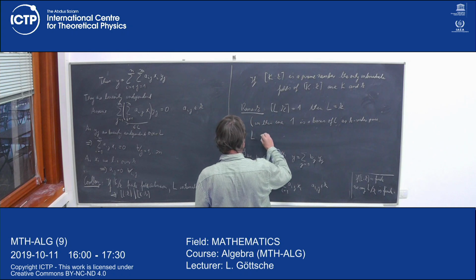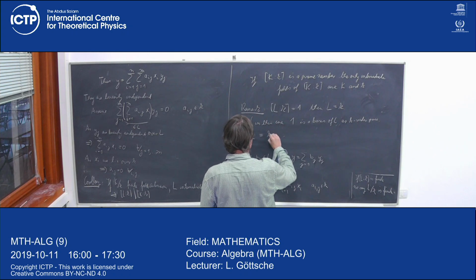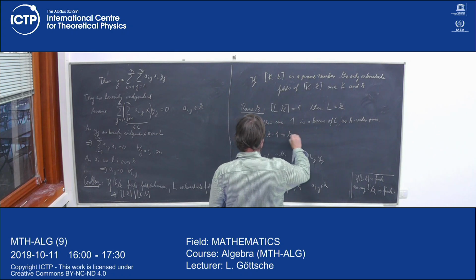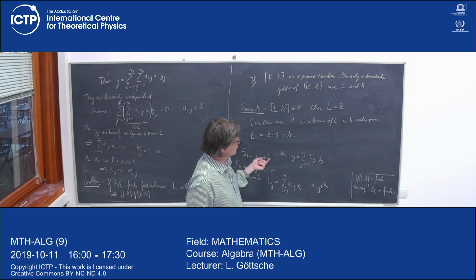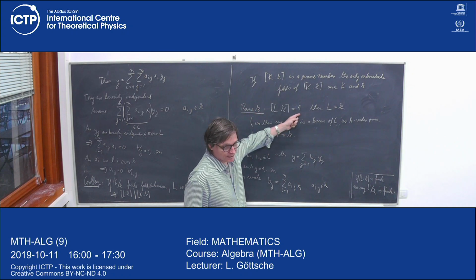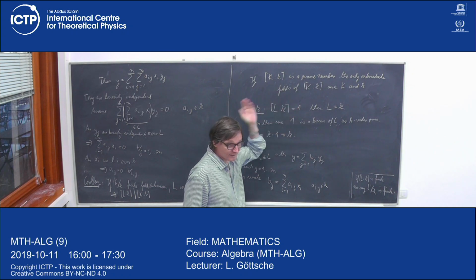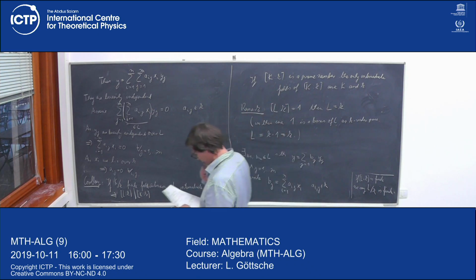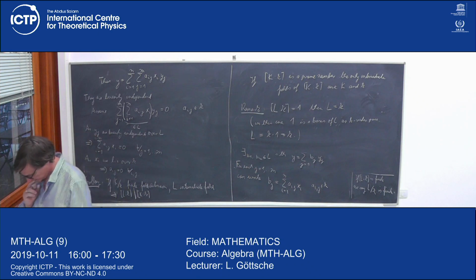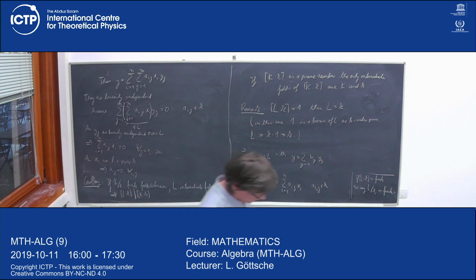So L is therefore equal to K times 1, equal to K. A vector space being one-dimensional means that every non-zero element is a basis, and so I can do this. Okay, so this was the theorem.